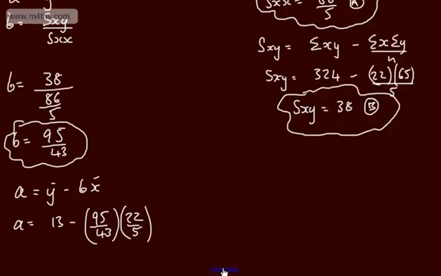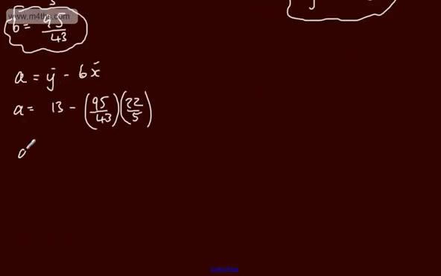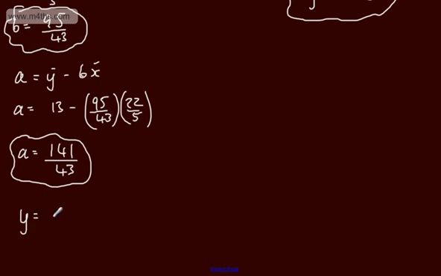So what we've got then is the following. A is equal to 141 over 43. So we can now put this back together and say that the least squares line, or the regression line, or the line of best fit is given as y is equal to A plus bx.